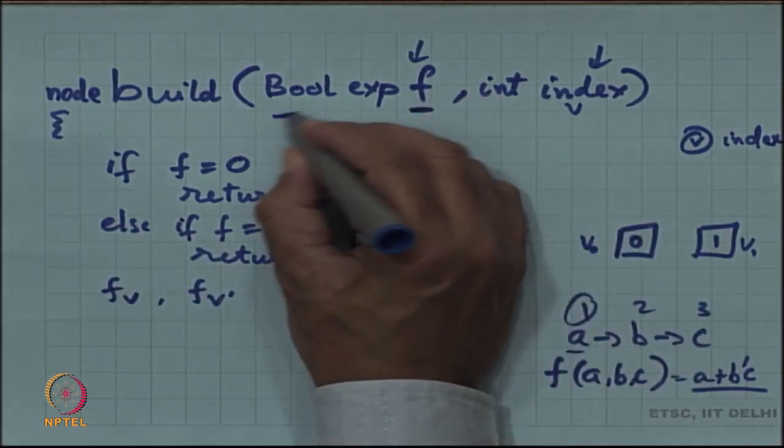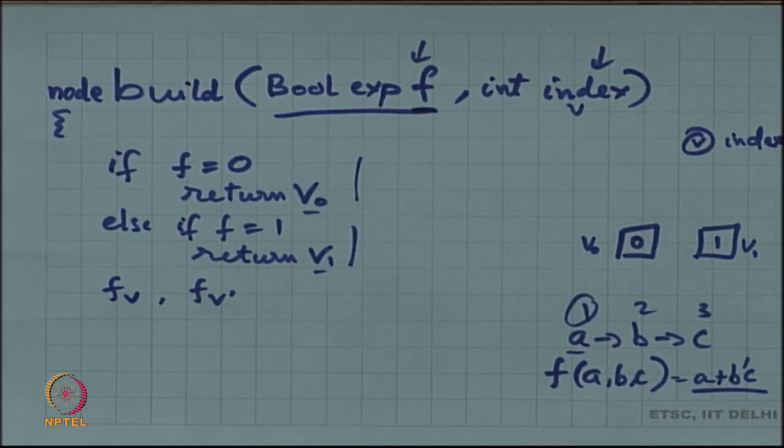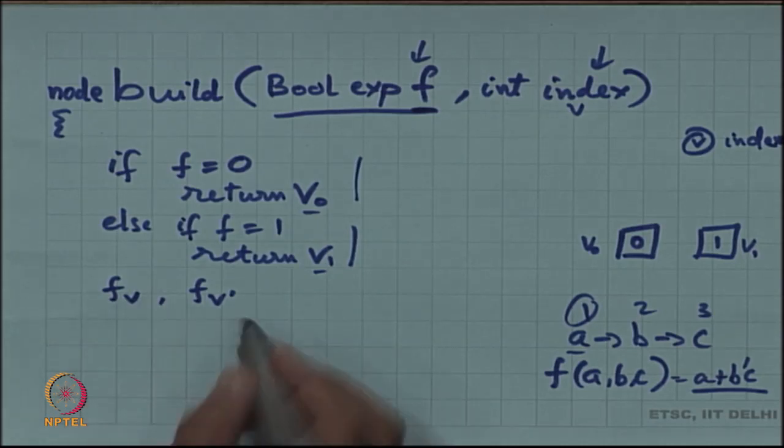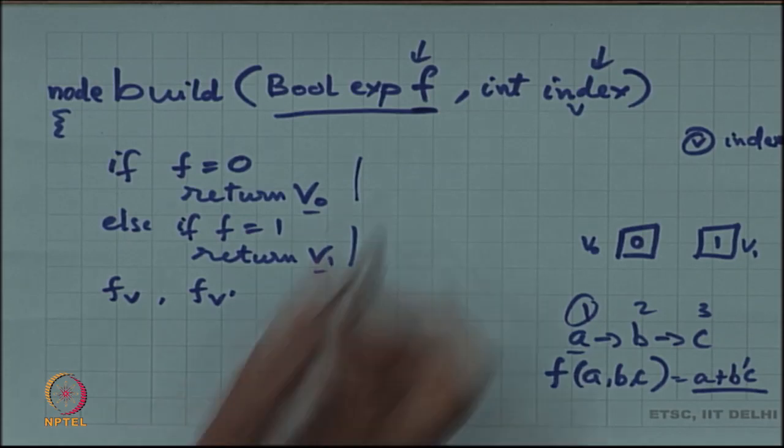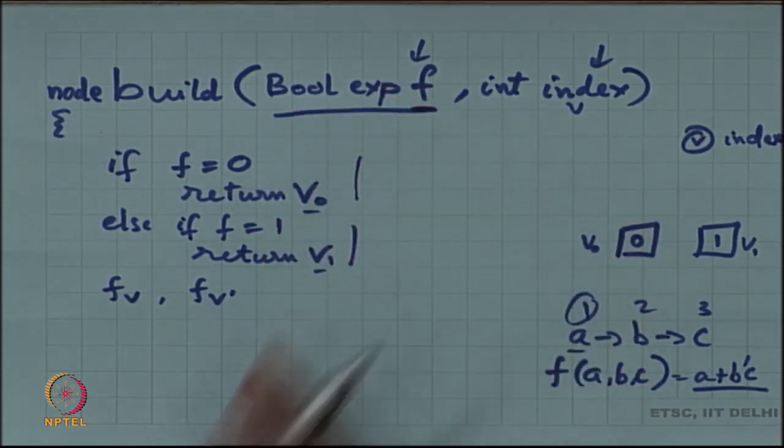This expression is given to me in some way. Using that I should be able to drop all the a primes or drop all the a's and get f v and f v prime from there, in that expression format, whatever that expression format is. So, this is a local computation I can do of the two cofactors, and I get two other expressions.